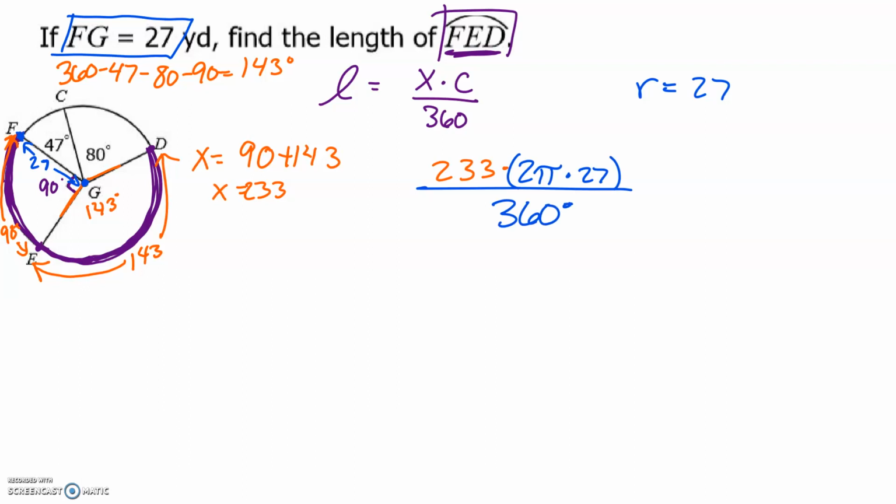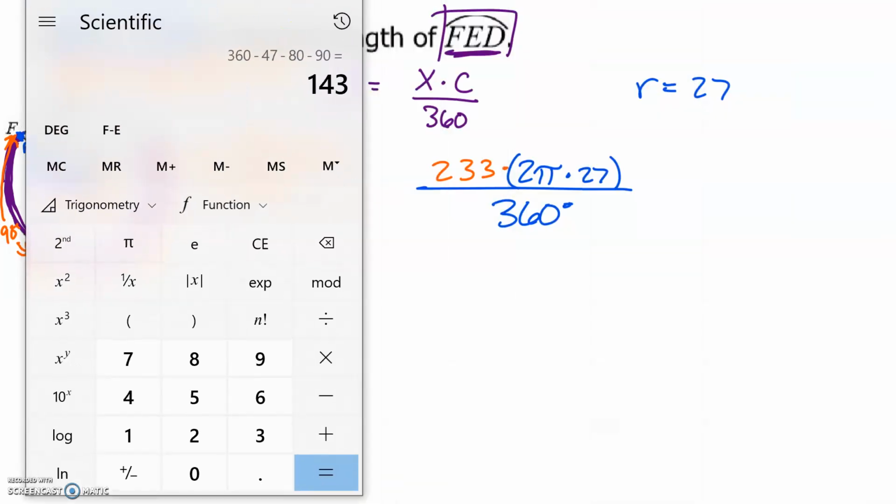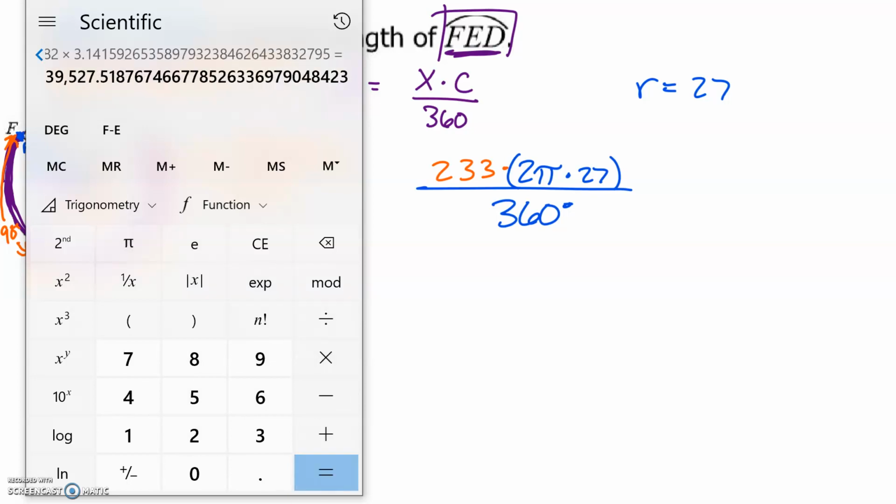Now we're going to multiply everything in the numerator. So that's 233 times 2 times 27. I'm going to press enter right there, and then multiply it by pi, which gives that crazy number, and divide it by 360.